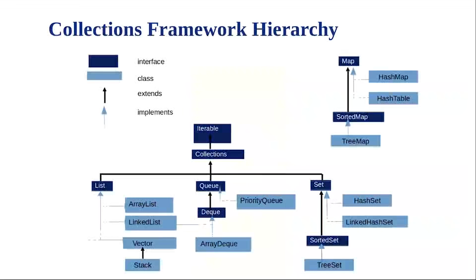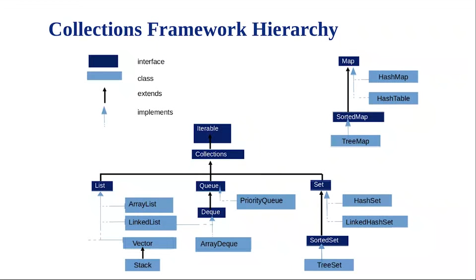Now we'll come to the collections framework hierarchy. Here, the dark blue boxes represent the interfaces, and the light blue boxes represent the classes. The thick arrows represent the extends keyword, and the dotted arrows represent the implements keyword. I've already spoken to you about what interface and class mean. Extends is used when you extend a particular class and a subclass is created, and when a class or an interface is implemented, we use the implements keyword.